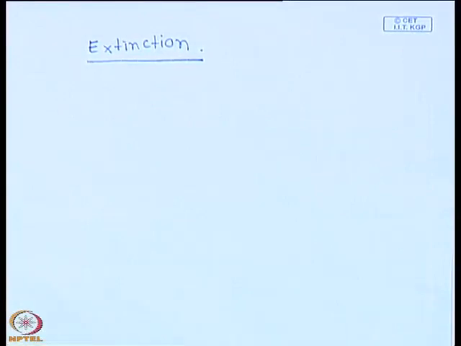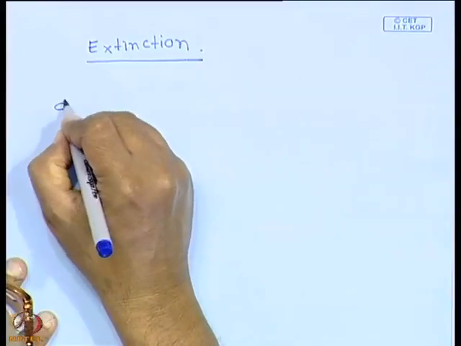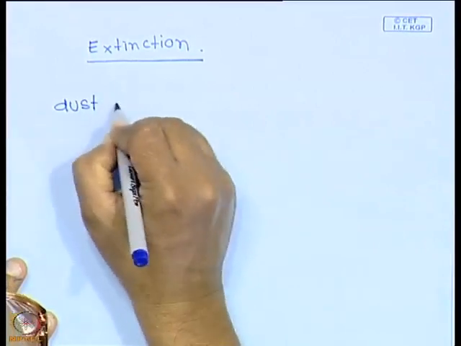Whenever we do any astronomical observation, we are looking at sources through the interstellar medium. The region between stars is not empty, it is filled with material. And we know that there is dust, particularly in the plane of our galaxy. The dust absorbs light.